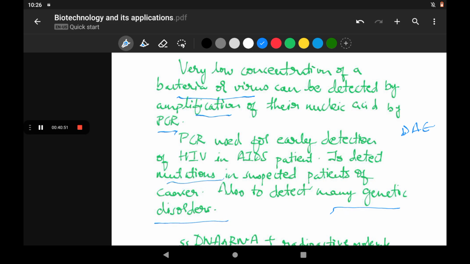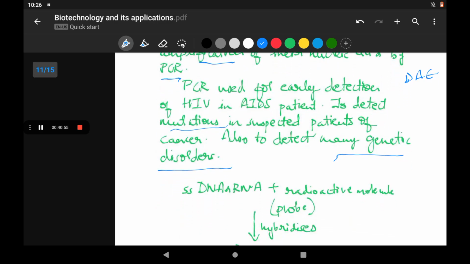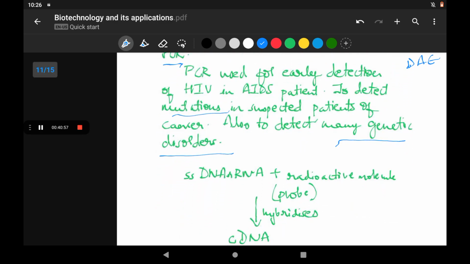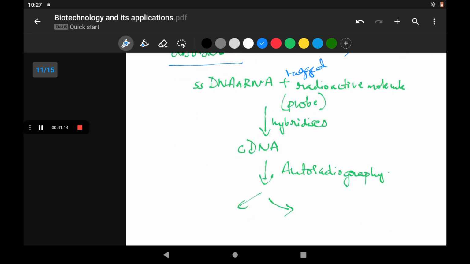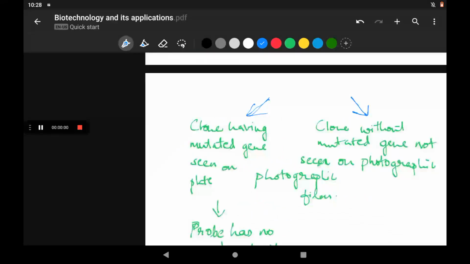So mutations. When we are talking about mutations, how do we identify them? Usually the single-stranded DNA or RNA is tagged with a radioactive probe. It's a known sequence. So DNA hybridization happens, and the cDNA is subjected to autoradiography.